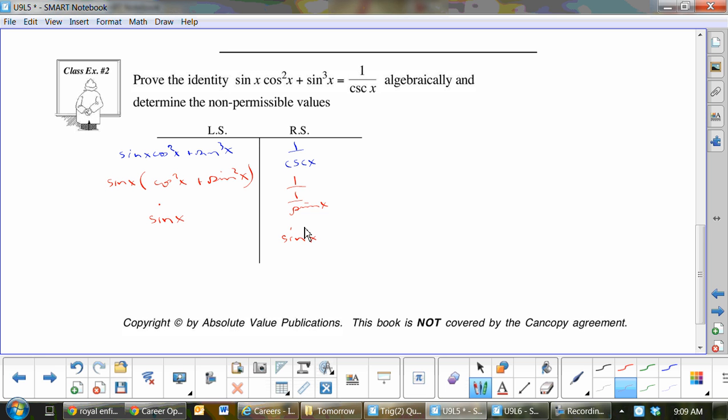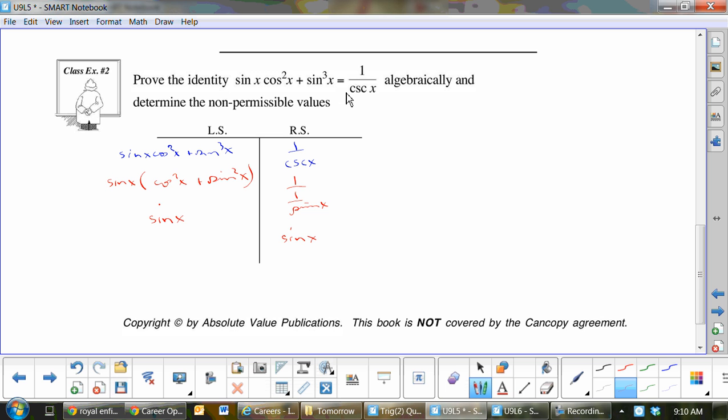Now, this one is an extremely high-level question, because do you see that cosecant x cannot be two things. What can cosecant x not be equal to? Well, what's one thing for sure this can't equal? 0.